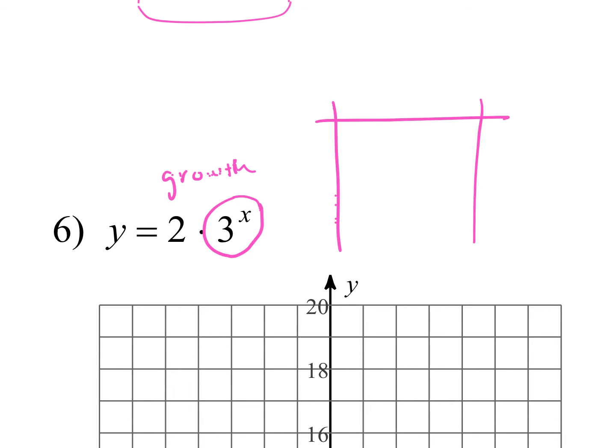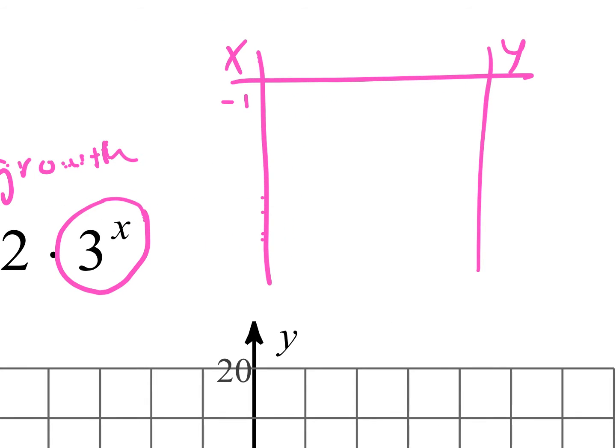So we're going to plug in values for x and get values for y. What should we plug in for x? -1. We'll plug in -1 first. We can list all the ones we'll plug in: -1, 0, 1, and 2. We have 2 times 3 to the power of -1. What does the power of -1 do to that 3? Turns it into a fraction. Awesome. So we have 2 times 1/3.